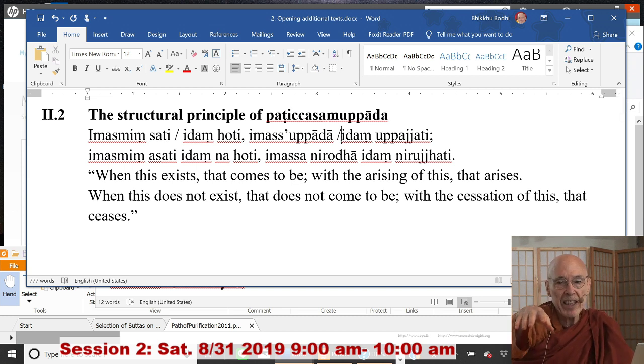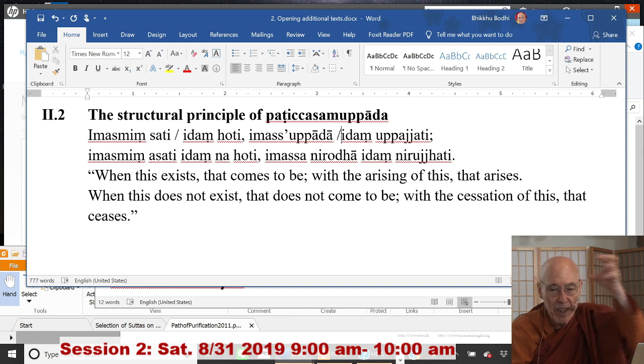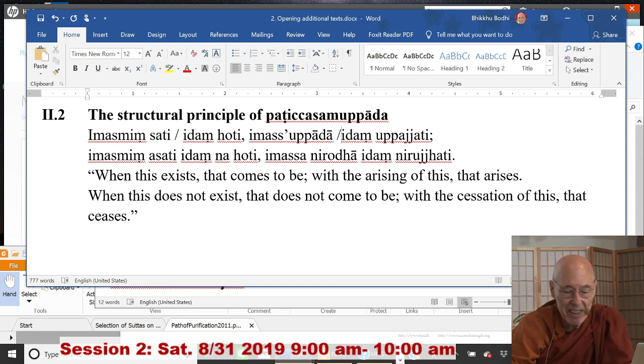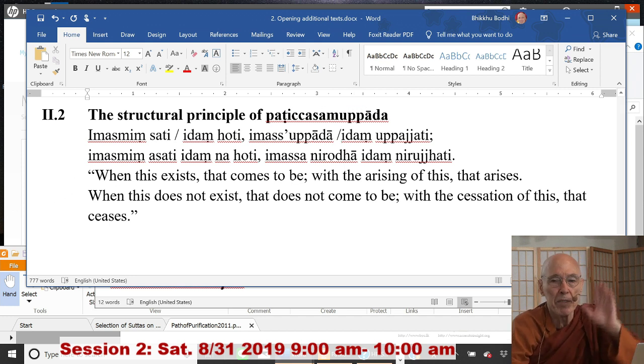Through the arising of this thing, that thing arises. And so it's the arising of this that brings about the arising of that. So the first part is expressed in terms of existence, call it dependent existence. The second part is expressed by way of dependent arising or conditioned arising.